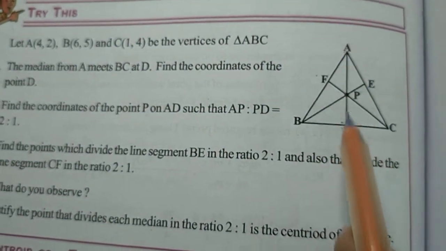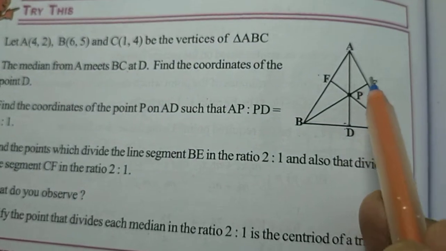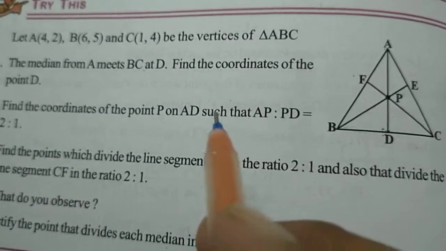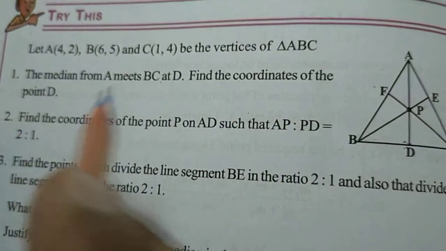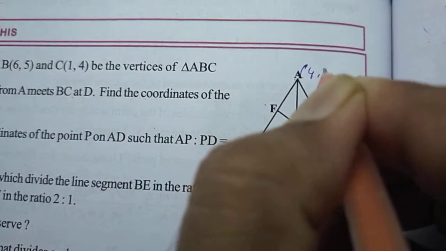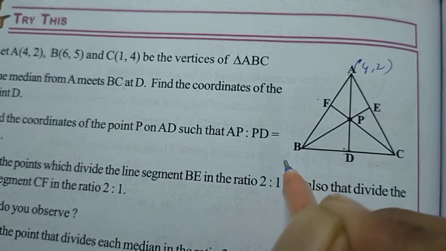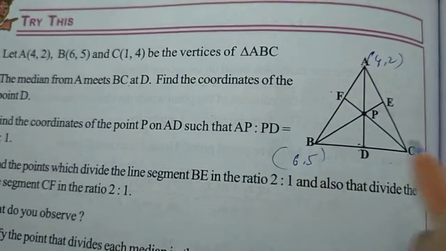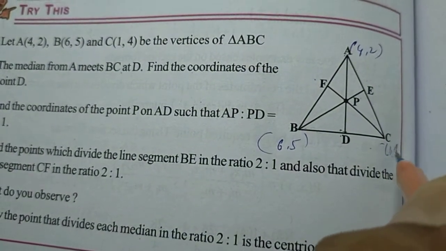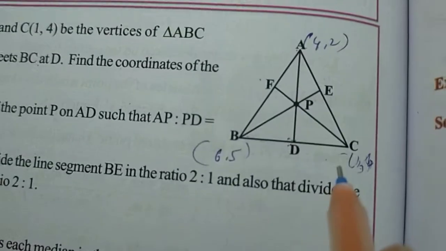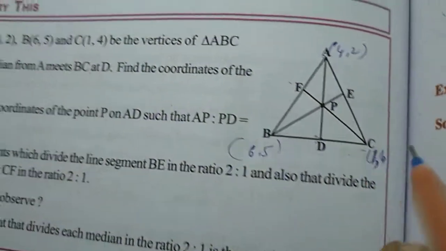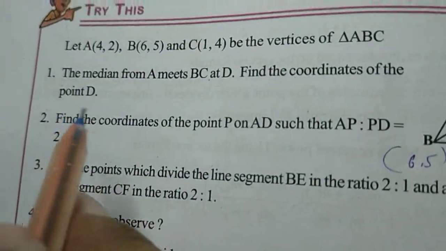Midpoint means (x1 plus x2) by 2, (y1 plus y2) by 2. The triangle has A (4, 2), B (6, 5), C (1, 4).